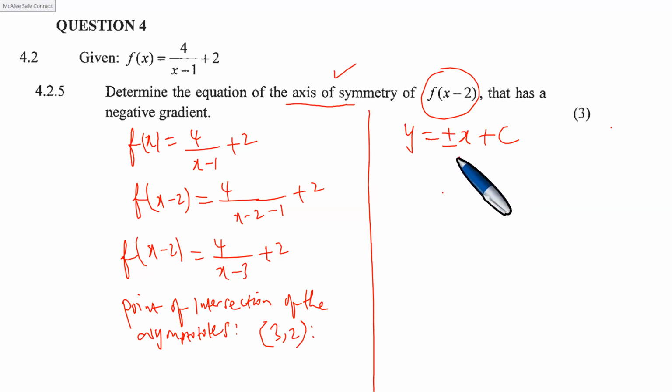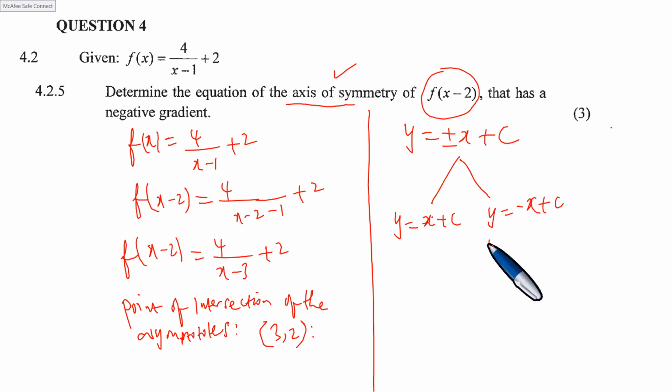So this can be split up into y equals x plus c, and minus x plus c. At the end, we need the one with the negative gradient, so we're going to use this one.